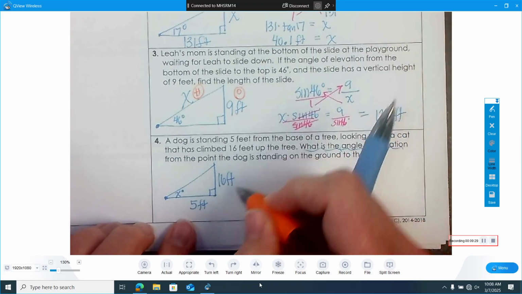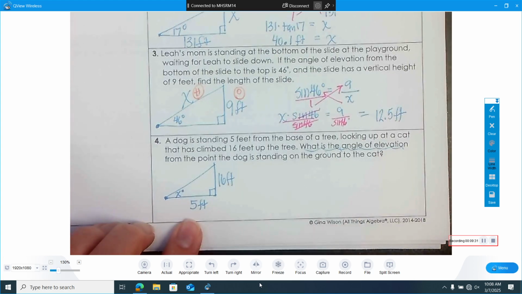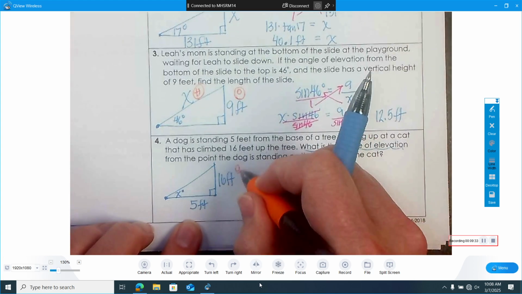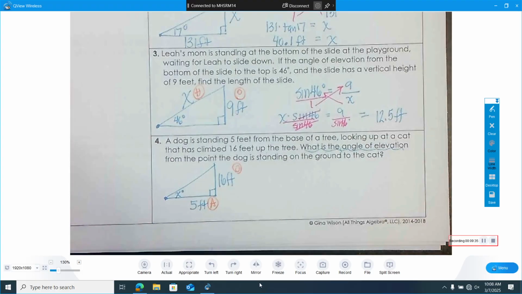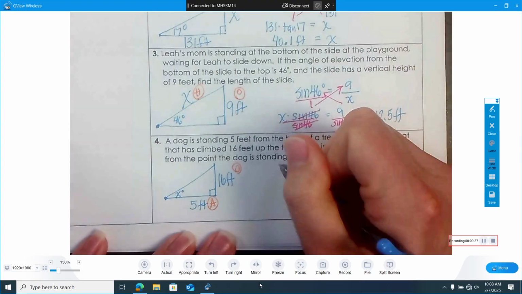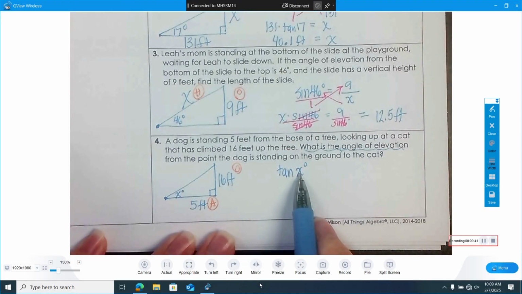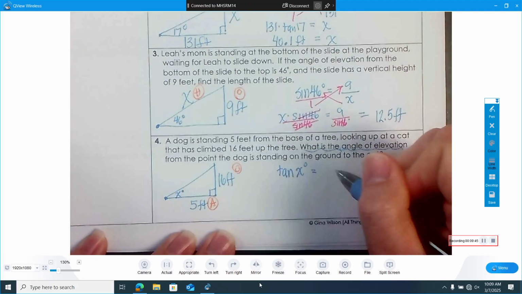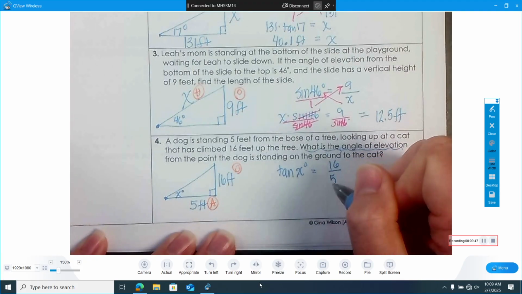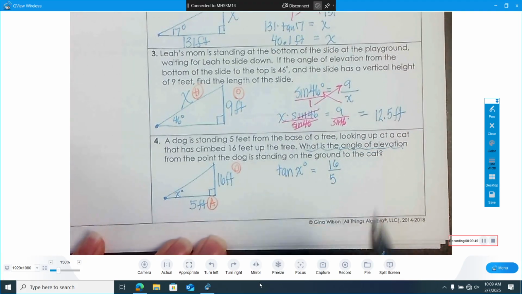Just like yesterday, what trig function can we set up? Opposite over adjacent, that would be tangent. So the tangent of our angle that we're trying to figure out, the tangent of x, equals 16 over 5, opposite over adjacent.